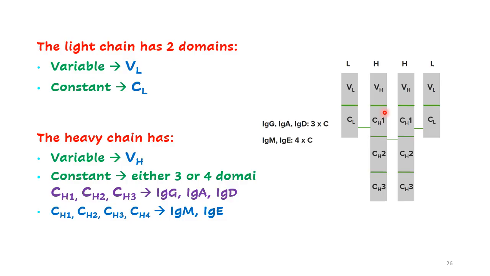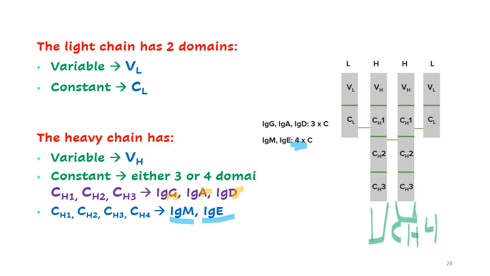You're going to have 3 constant regions if you have the class of antibodies that are IgG, A, or D. You're going to have 4 if you have IgM or IgE. If you have 1 more, that's going to be your CH4.